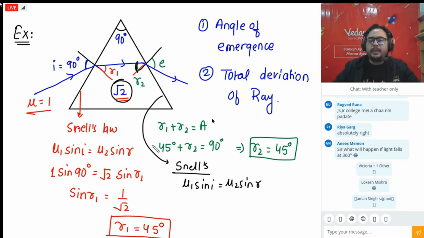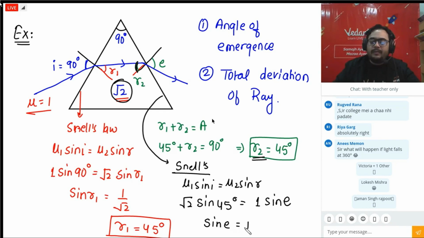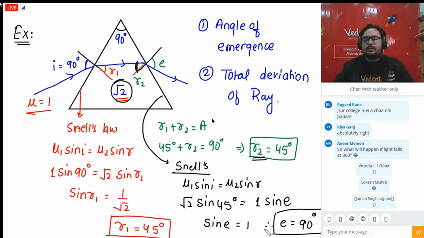So root 2 into sin R2, which is 45 degree, equals outside mu 1 into sin E. So 1 by root 2 will get cancelled out and sin E you will get 1, or I can say E is 90 degree. So the angle of emergence is also 90 degree. Any doubts in this? That is the first part done.